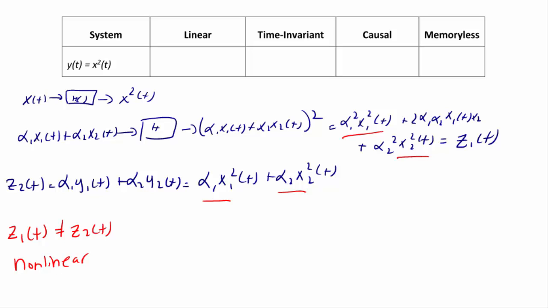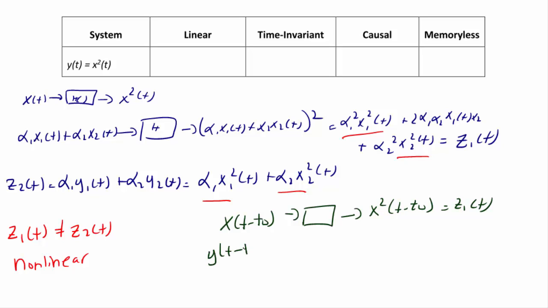So now let's check for time invariance. If my input is x of t minus t naught, and it goes through my function, then my output is x squared of t minus t naught, and that's z1 of t. If I have y of t minus t naught, I delay my output due to the input x of t. This equals z2 of t. This equals x squared of t minus t naught.